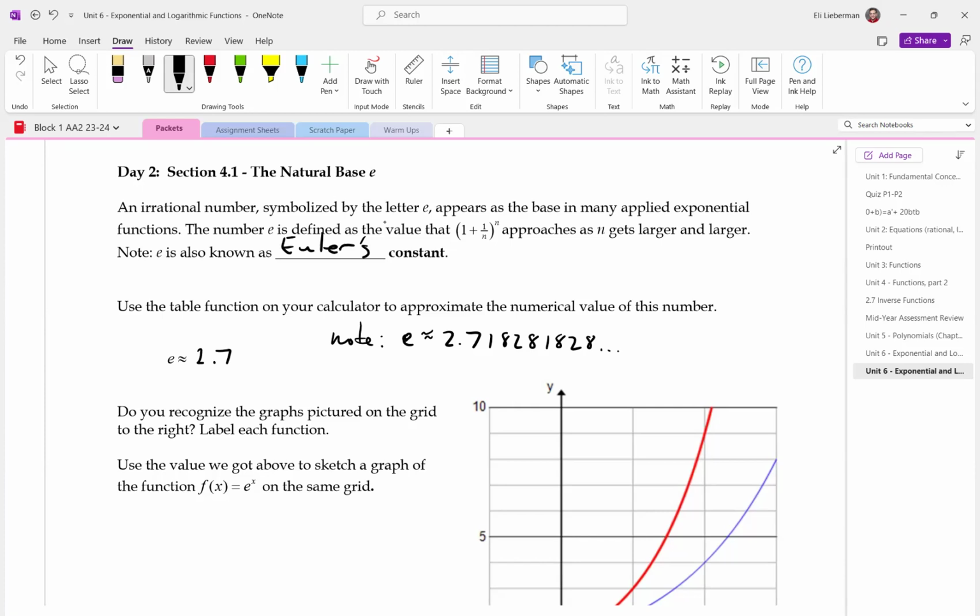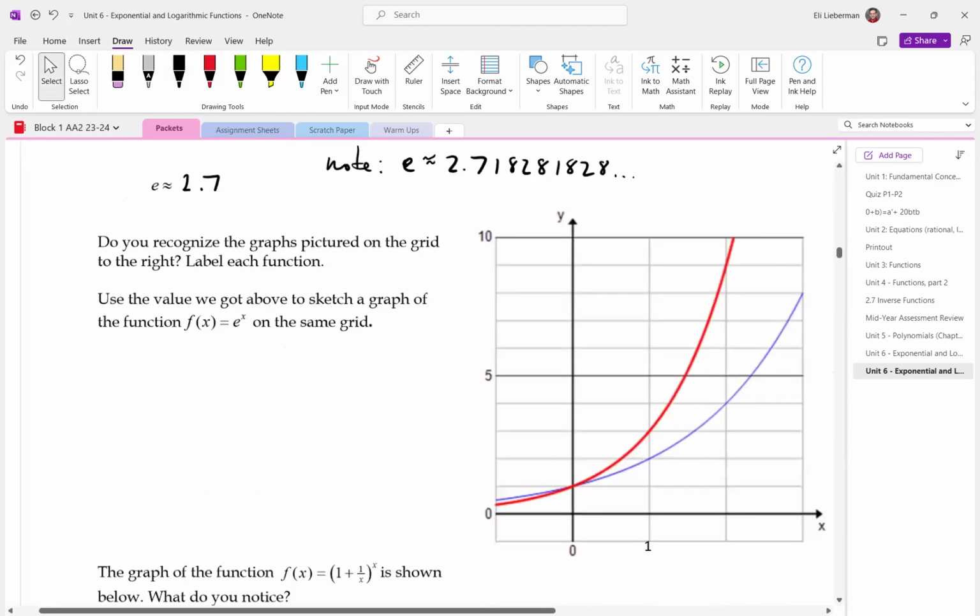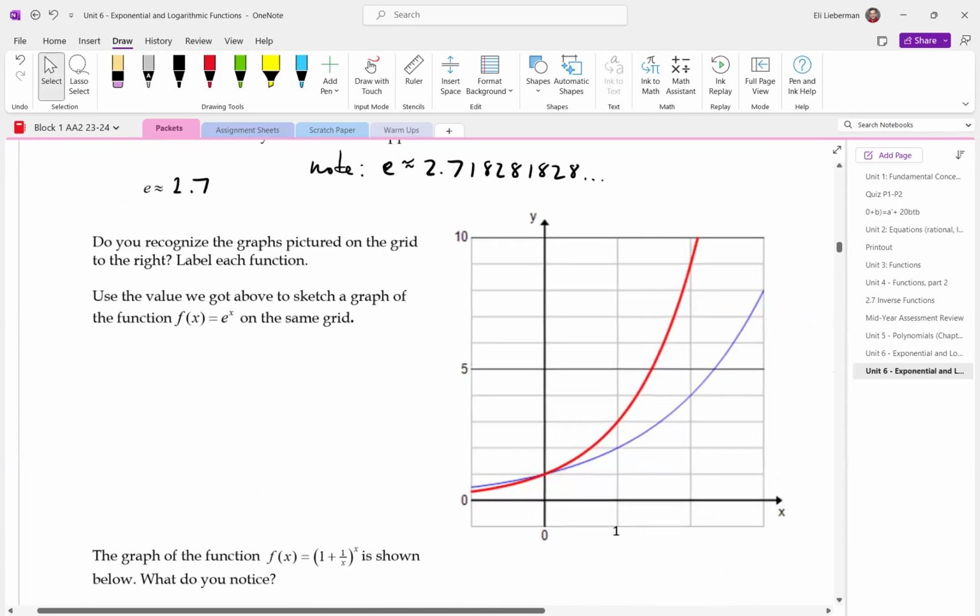Definitely not repeating 1828. But all you need to know is 2.7. And really, what we're doing here is infusing this into Algebra 2 in order for you to get used to dealing with a number that you're not used to already.